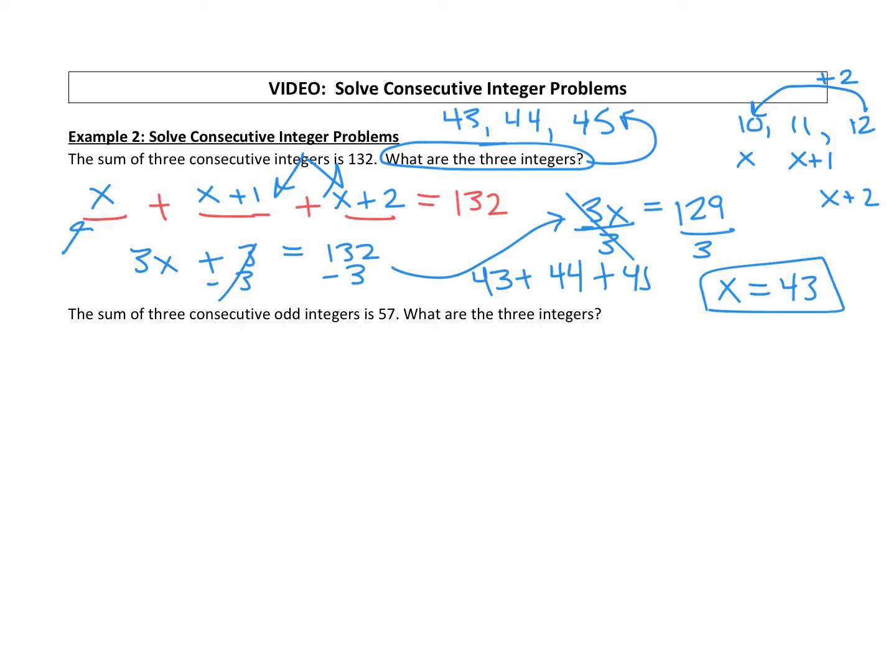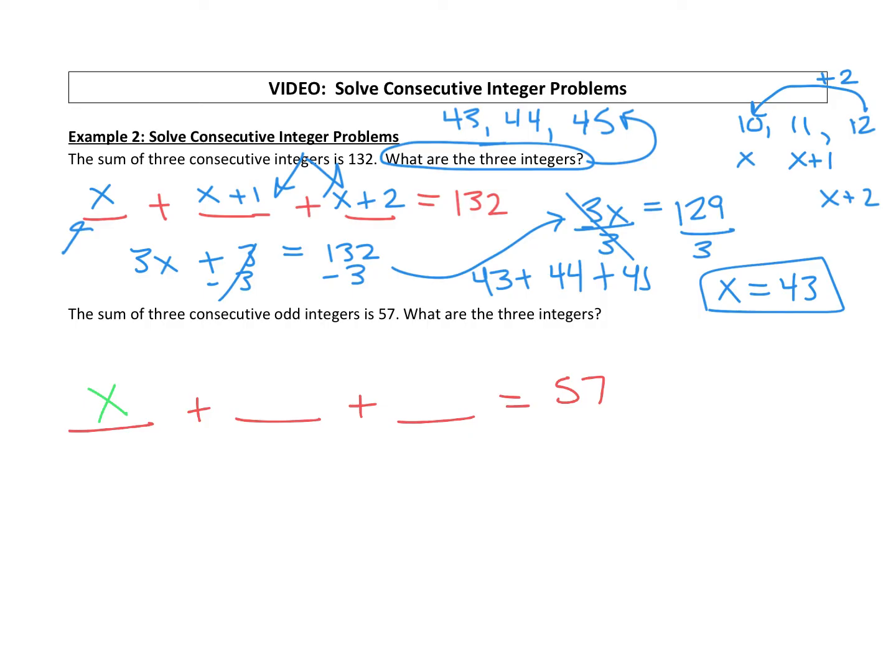It's so cool. Okay, the sum of three consecutive odd integers is 57. All right, they're throwing us a curveball. Well, I know we're talking about adding three integers together. So here's my three integers, because the sum of those is 57. The first one is always going to be x.